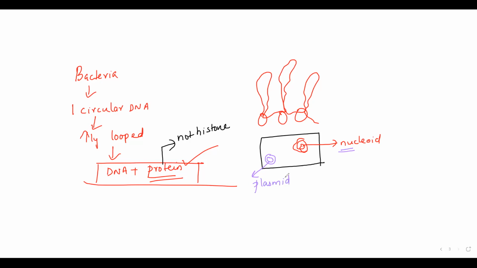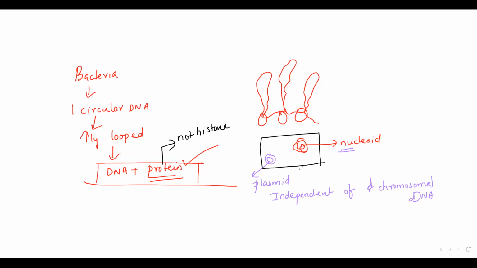In the forthcoming series of videos, when we speak about molecular genetics and biotechnology, we'll be learning more about this particular plasmid. Remember that plasmid is independent of the chromosomal DNA. This is important to remember.